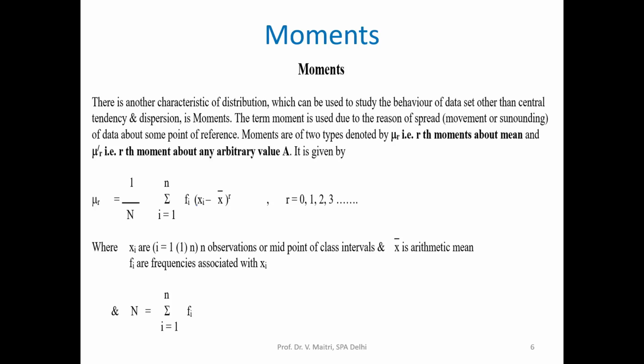So mu r is equal to 1 by N, summation i going from 1 to n, f i times (x i minus x bar) raised to power r, where r is 0, 1, 2, 3, 4 and so on. Here x i is our observation or midpoint of the class intervals, x bar is the arithmetic mean, f i is the corresponding frequency associated with the midpoint x i, and capital N is the sum of frequencies.